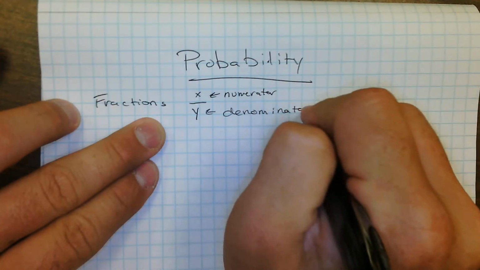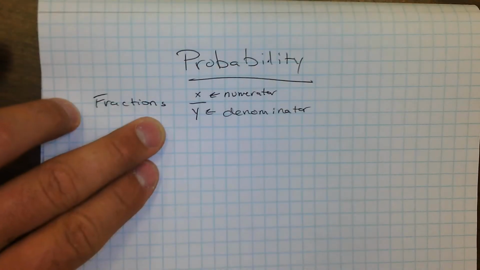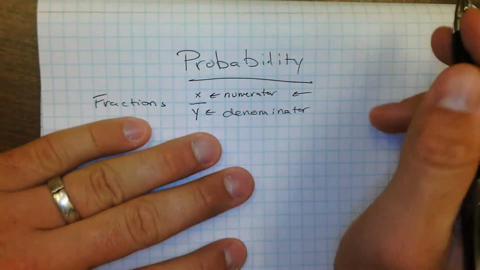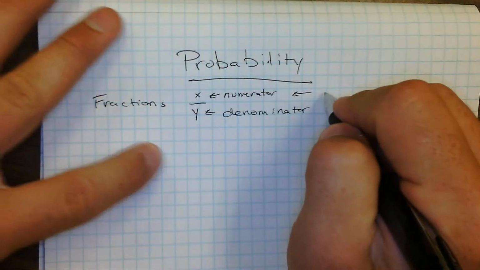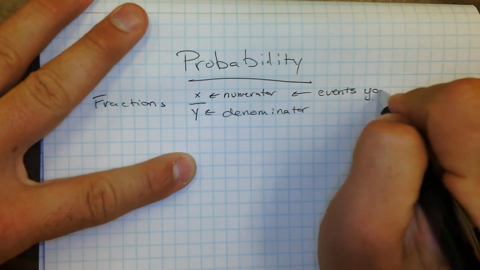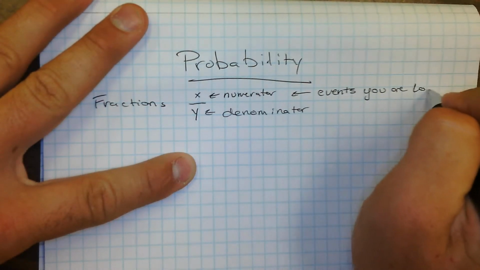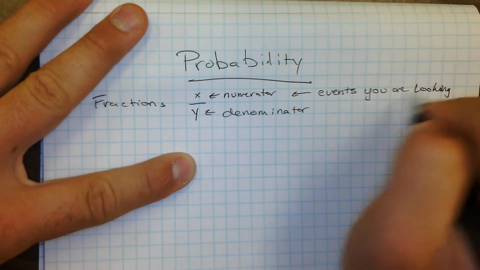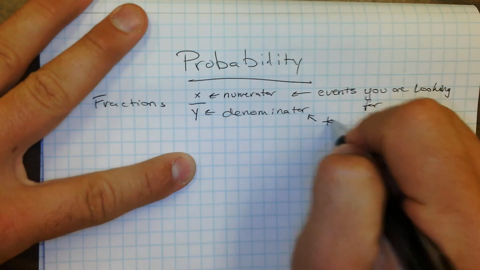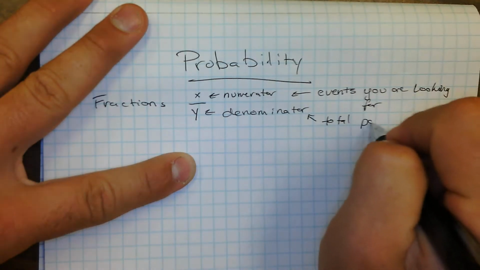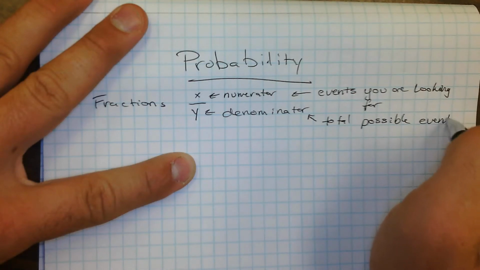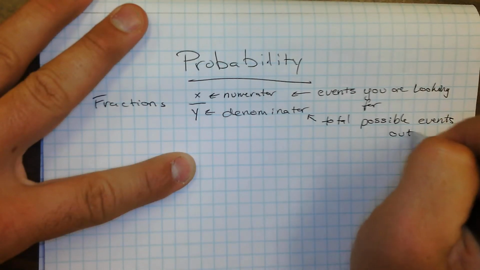Okay, now the numerator is going to be the events you are looking for, while the denominator is the total possible events or outcomes.